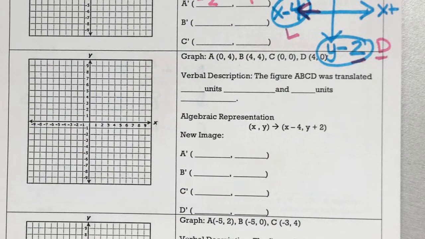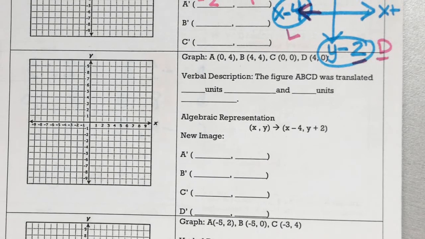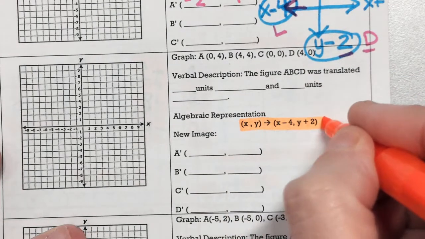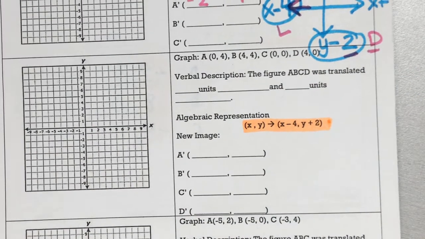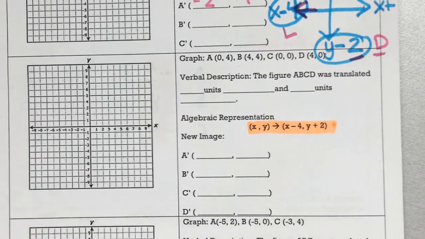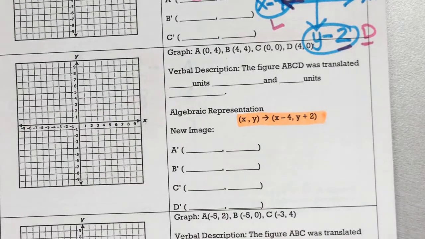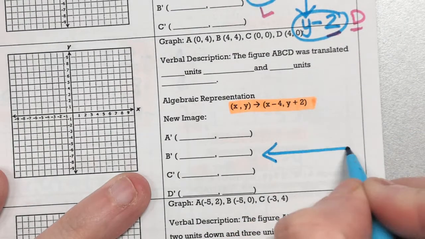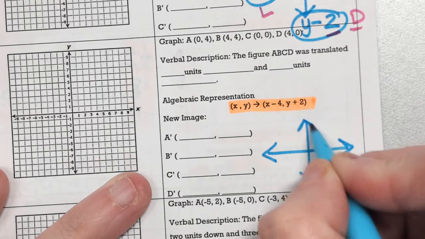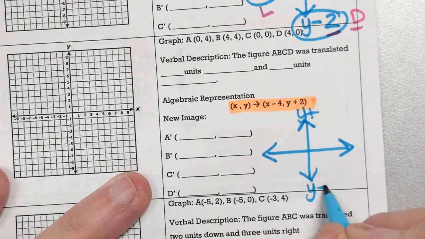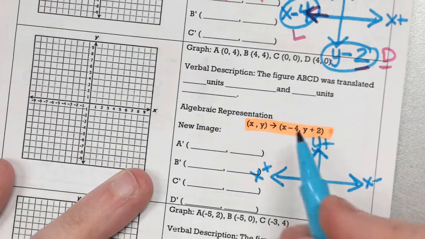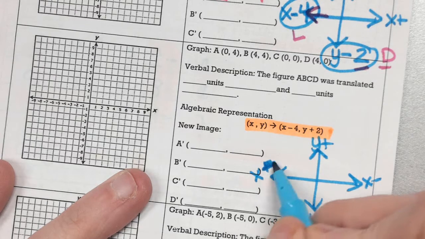So it says, the figure was translated blank units blank and blank units blank. All right, so great. It says translated, but I know it was translated because I see right here adding and subtracting. So I know my rule involves translation because I see adding and subtracting. So I'm going to immediately, I'm sorry, I need to use my blue pen. I like the blue pen. I'm going to immediately draw my grid, y plus, y minus, x minus, x plus.